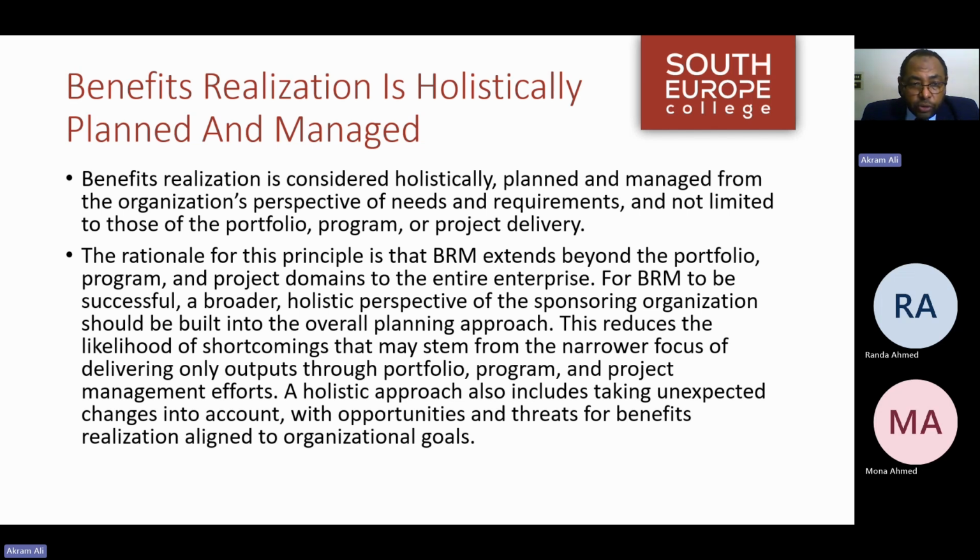This reduces the likelihood of shortcomings that may stem from the narrower focus of delivering only outputs through portfolio, program, and project management efforts. A holistic approach also includes taking unexpected changes into account, with opportunities and threats for benefits realization aligned to organizational goals.